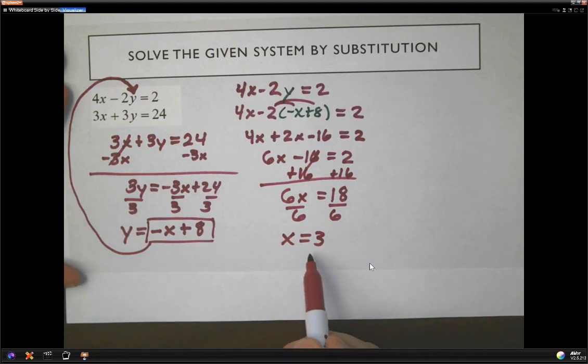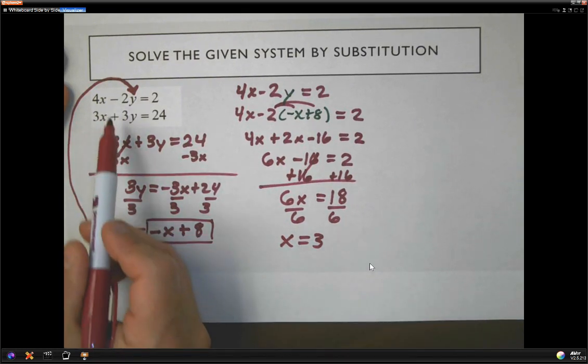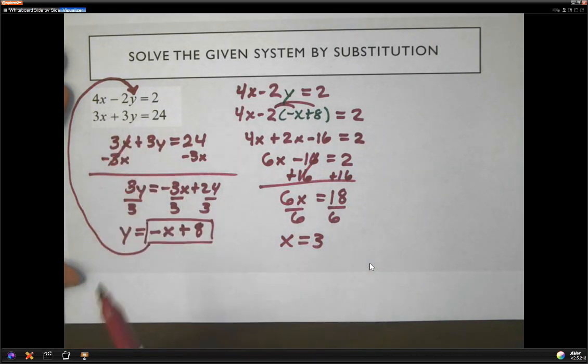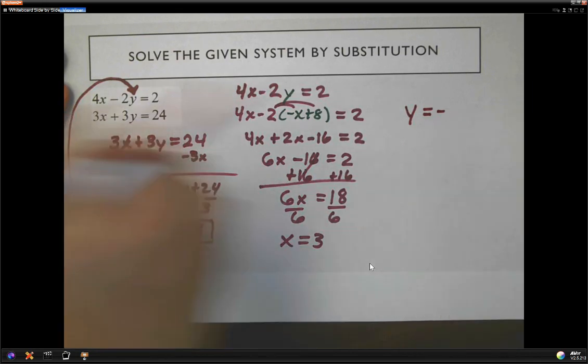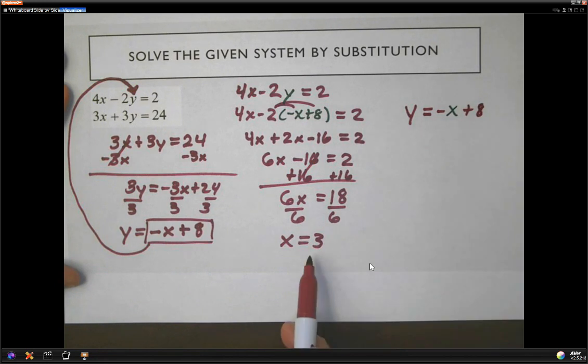So being that I have the x, there's a couple of things I could do. One, I could take this and plug it into either equation and then solve for y. Now, I do notice I already did some work. I got y by itself, so I might as well use my more simplified equation. I'm going to take y equals negative x plus 8, and substitute my value in for x.